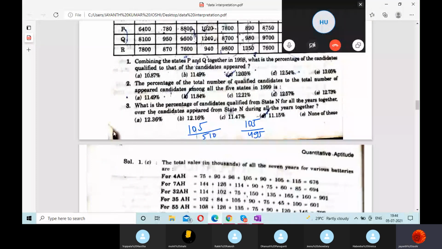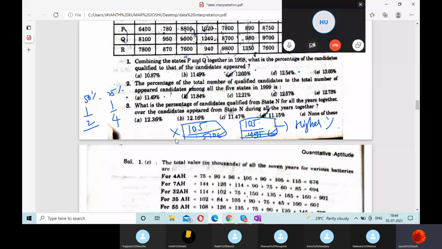What did I tell you right now? 1 by 2 and 1 by 4, which has a bigger percentage? 1 by 2, correct? It is 50%, it is 25%. In this, the numerators are the same, but one has a bigger denominator, 510, and one has a smaller denominator, 495. So the percentage will be higher for 495, or not? Please tell me yes or no. Higher percentage, correct?